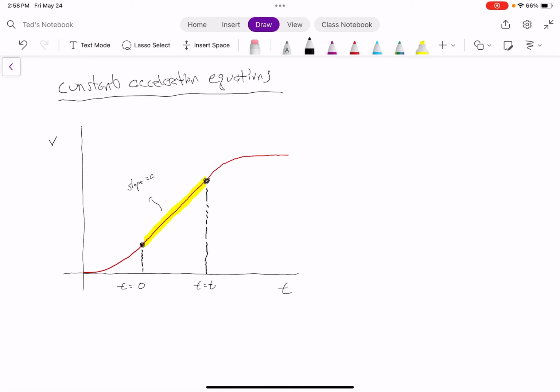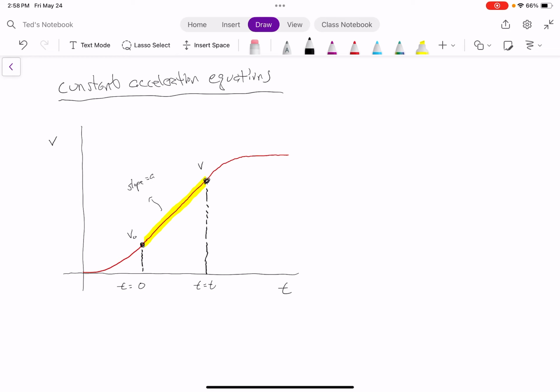And this is the initial velocity, the starting velocity of the object, and this is the final velocity, the ending velocity of the object. And we can develop several equations that help us describe motion with constant acceleration.